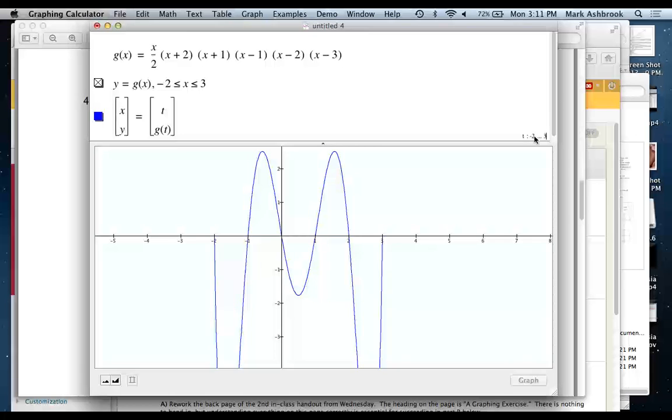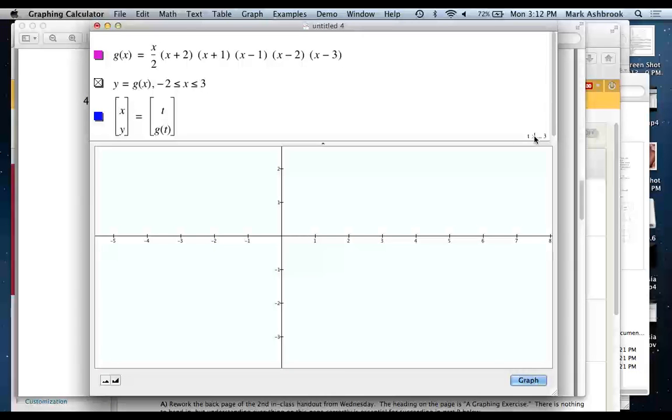Okay? But here's what we want to do. We want to show this same part of the graph with the bounds from 0 to 1. Okay? So before we kind of maybe just talk a little bit, I don't want to do the whole thing, but why do we want to keep t from 0 to 1?